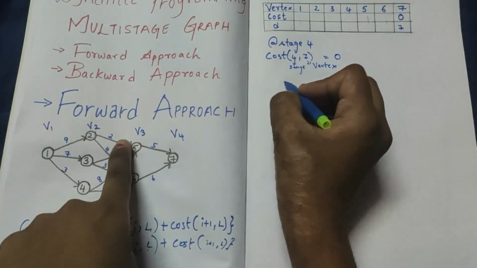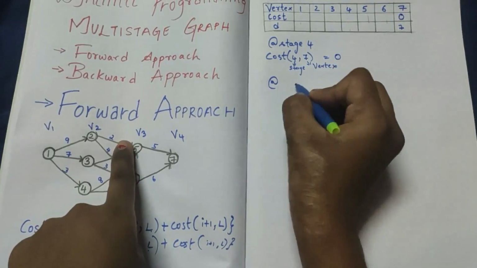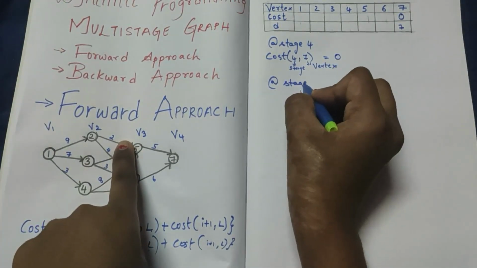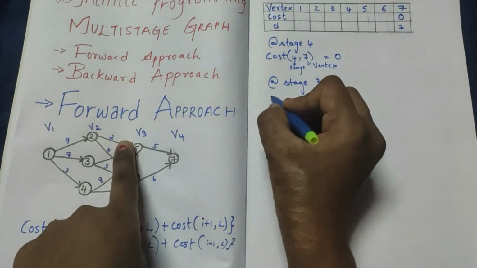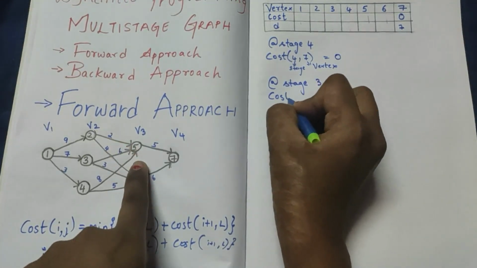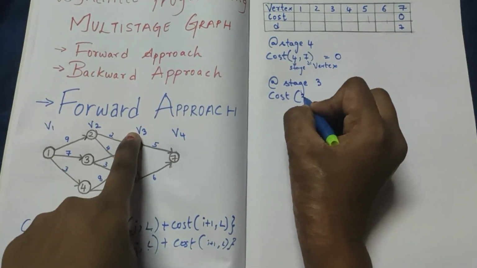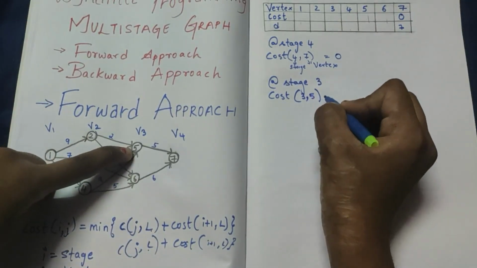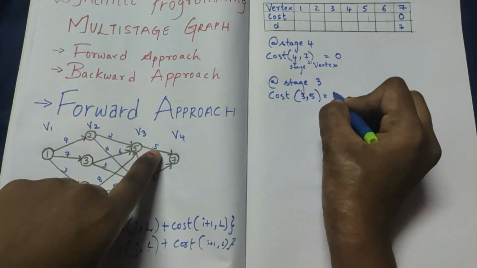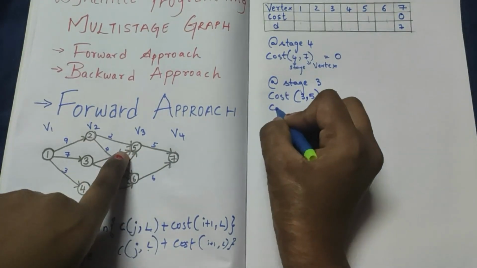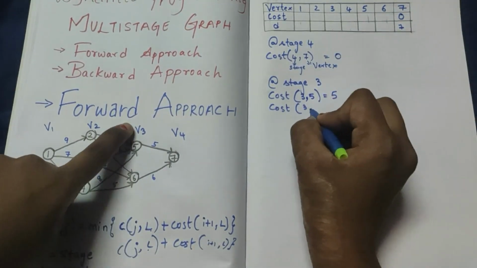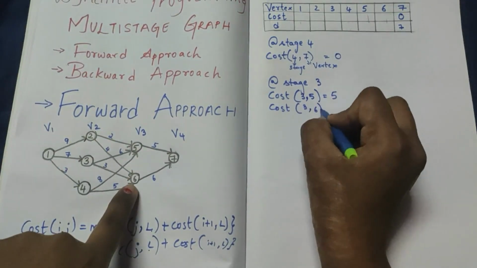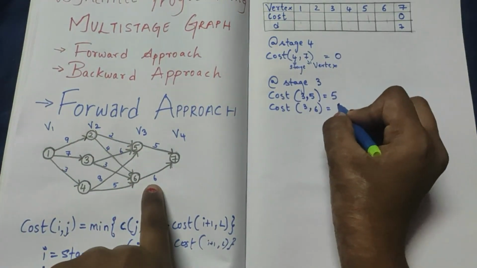Now we'll go to the third stage. At stage 3, I'll find out the cost for stage 3 and vertex 5. So what is the cost? The cost is 5. Now cost of stage 3 vertex 6. What is the cost? The cost is 6.